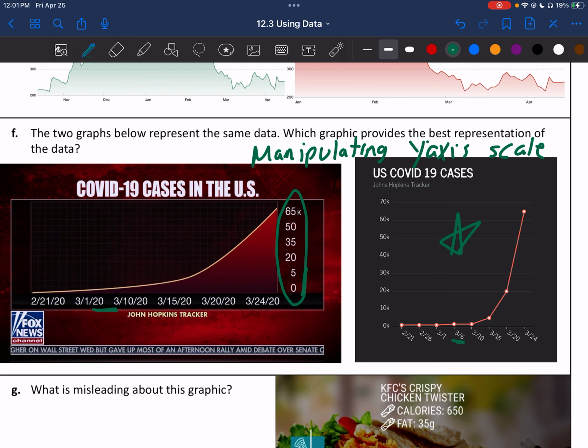The scale is consistent, and you can even see this is using the Johns Hopkins tracker data. So they just chose to make a graphic that looks a little differently so that they can argue their political points. Something that you should be aware of as you read any news source.